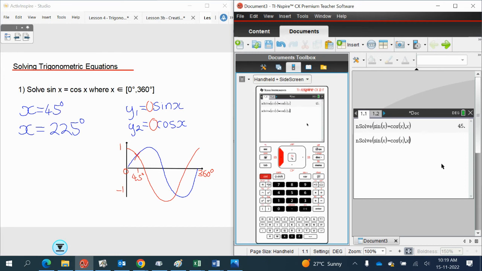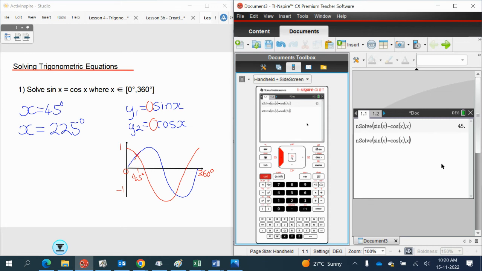You then have to find your other solutions. Our solutions are going to be in the period from 0 to 360. So 45 has to be the first solution in the period from 0 to 45. Otherwise, it would have given you the one that was closer. So we can assume at this point that there are no more solutions in the period 0 to 45, but there could be from 45 to 360.